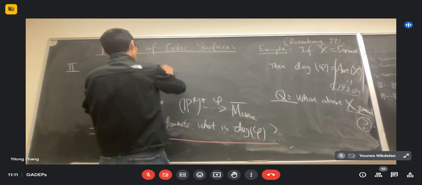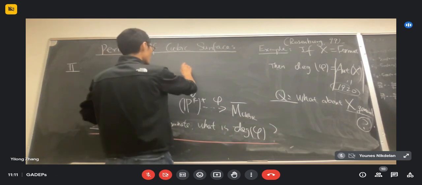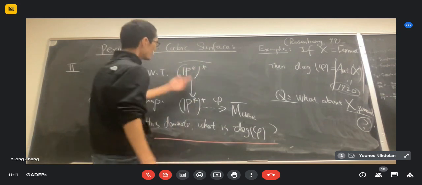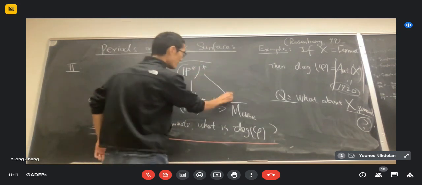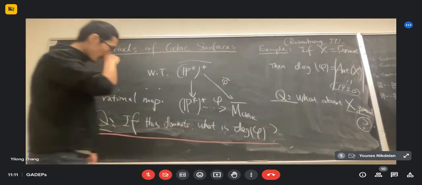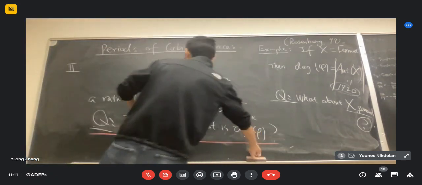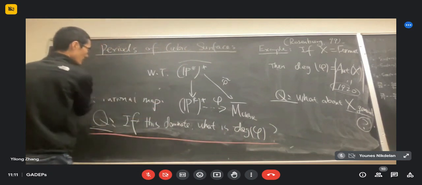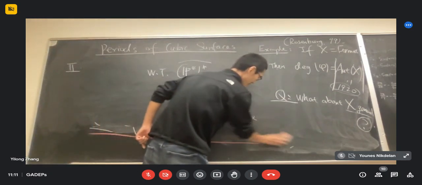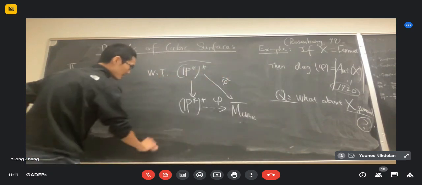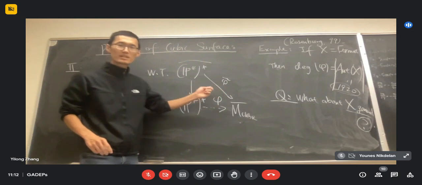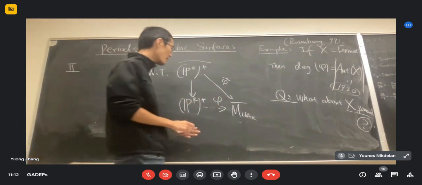We want to resolve this projective space and extend this map to a regular map. And after doing this, the degree of phi can be computed using intersection theory.